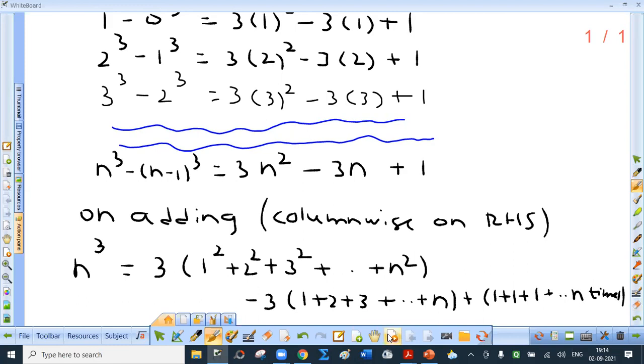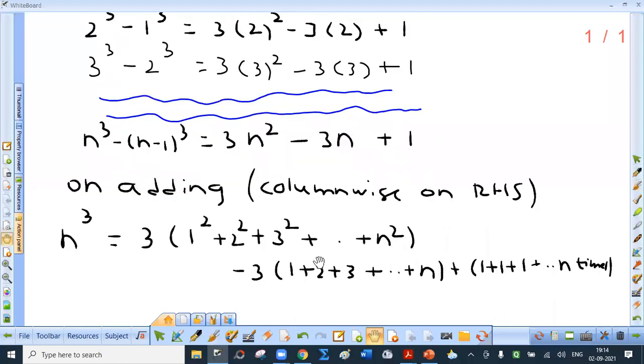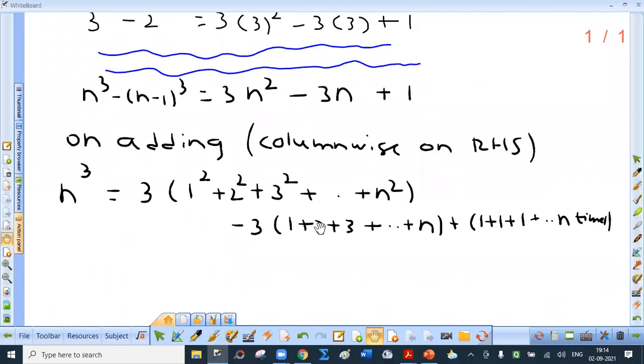Write down. Therefore, n cube equal to, now this is just 3 times sigma r square, the required sum, r goes from 1 to n. Ideally, I should write minus 3 into what? Sigma r.